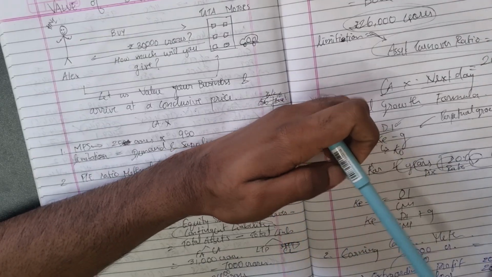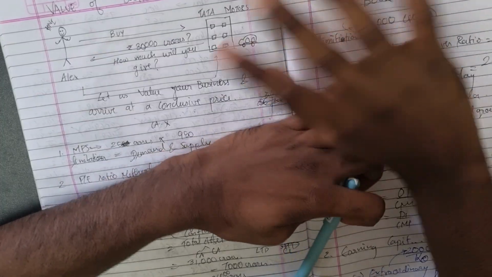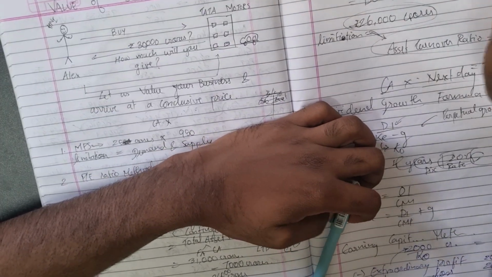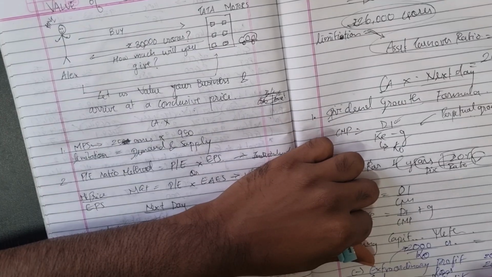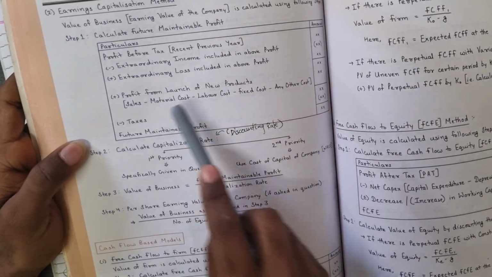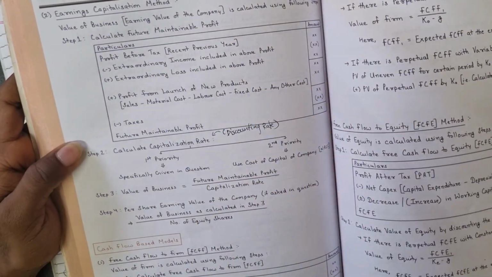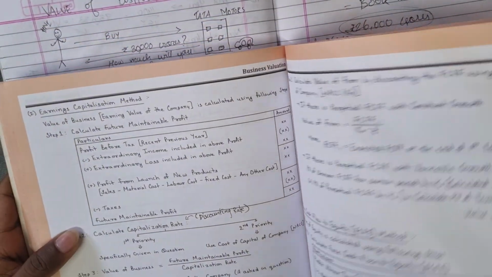Now Alex is saying okay, we are taking that, but we'll take only profit of it. Less all the expenses, we'll take only the new product profit. We deducted from the sales the material cost, labor cost, fixed cost, any other cost. And now what?